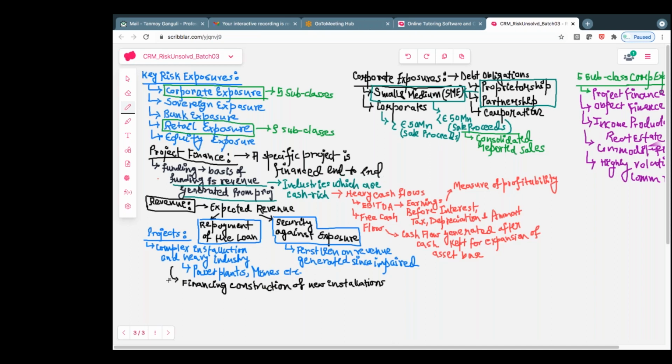The second is refinancing the existing installation.